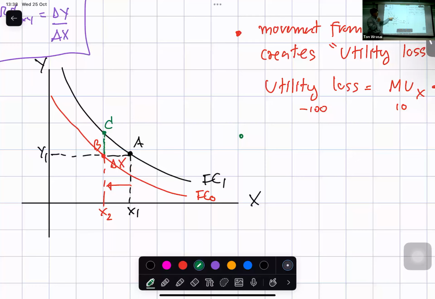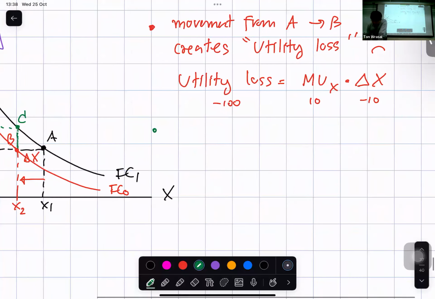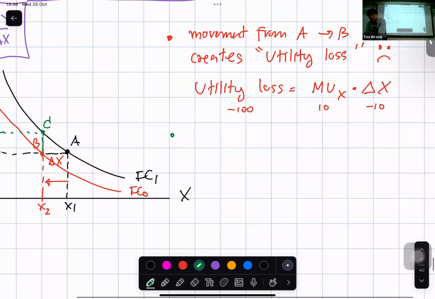We bring him back to the same utility curve. So point C and point A generate the same happiness level. Once we give him extra cans of Pepsi, delta Y, we bring him back to the same indifference curve, arriving at point C. So the movement from B to C creates a utility gain.